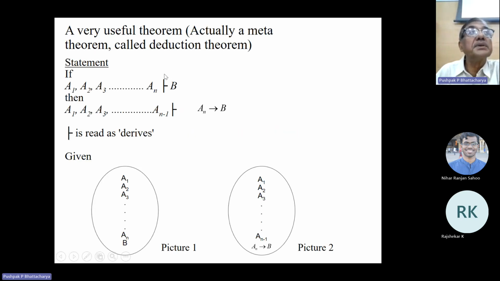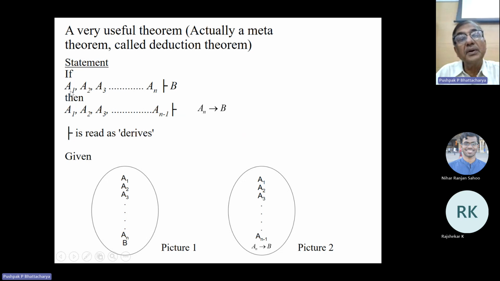Now, if you start ab initio from axioms and only the inference rule, then proofs can become very complicated. They can take a very long time and a lot of ingenuity. So there's a very nice theorem called the deduction theorem. It should be called a meta theorem because it is a statement about the property of the propositional calculus.